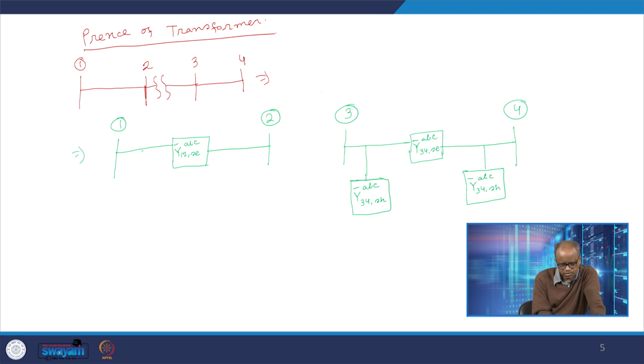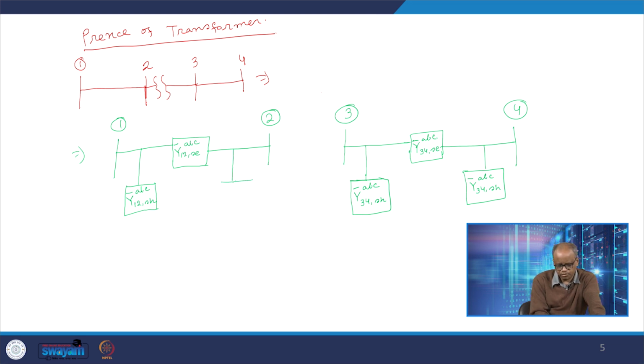And this is Y12 shunt ABC complex matrix.